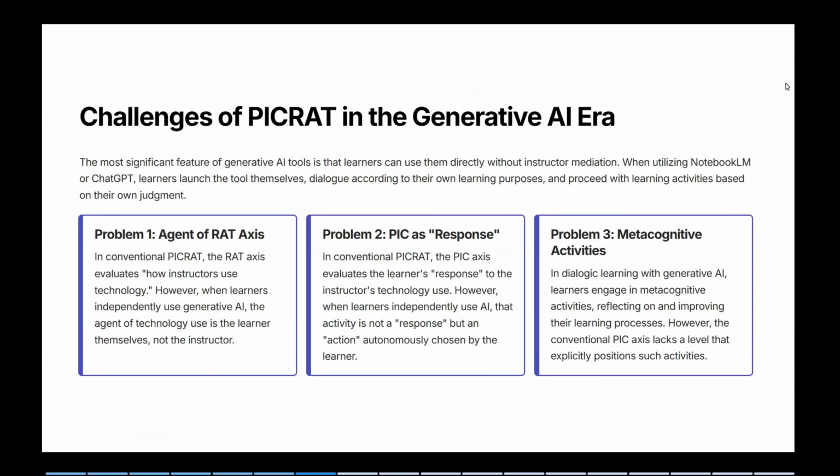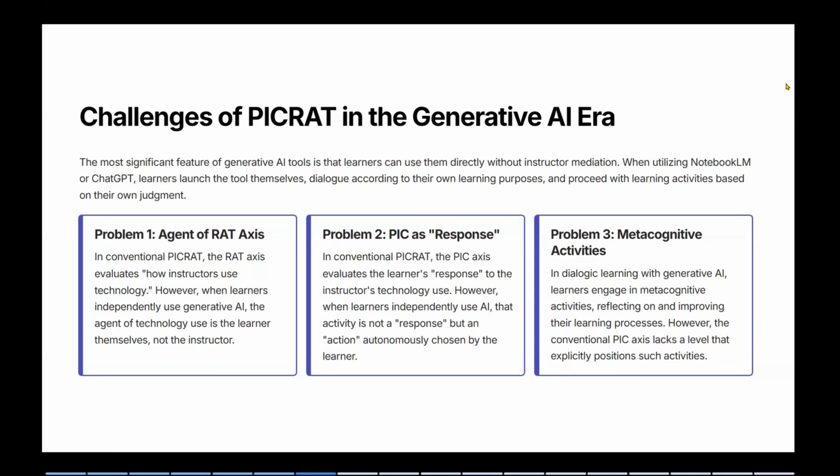The original PICRAT had three problems in the AI era. Problem 1: who uses the technology? In the old model, teachers used the technology such as the LMS, but now students use AI directly themselves.